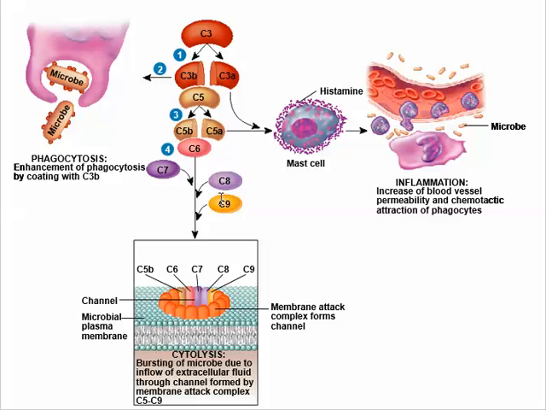The other thing that it does is complement is sticky to the macrophage, so it enhances phagocytosis. These complement proteins mean that the microbe can't get away as it's being engulfed by the phagocyte.